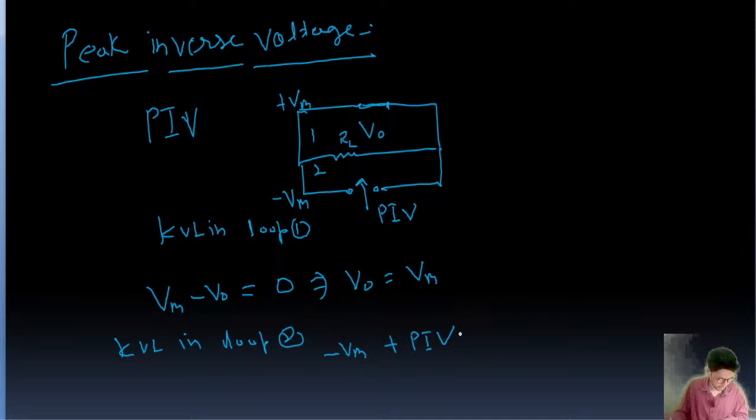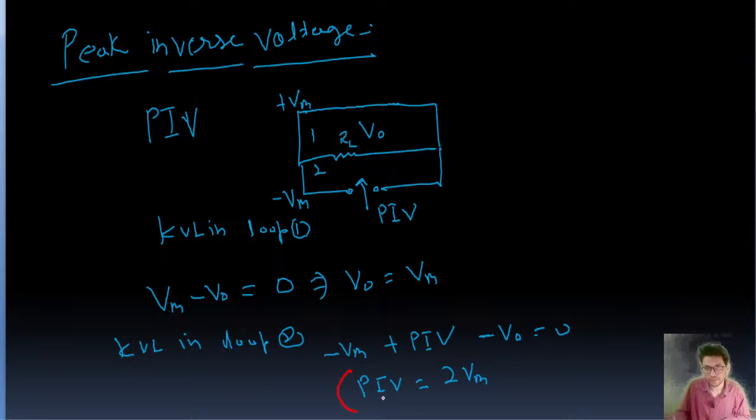PIV minus V naught equals 0. So from here you can get PIV, the peak inverse voltage, is 2 Vm.